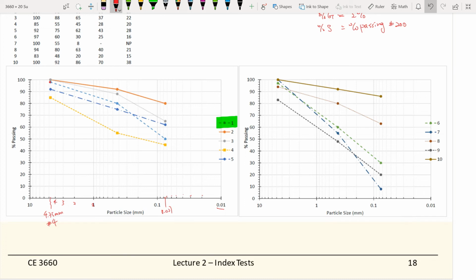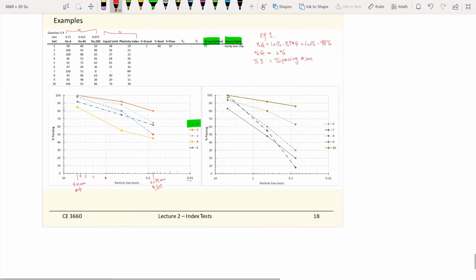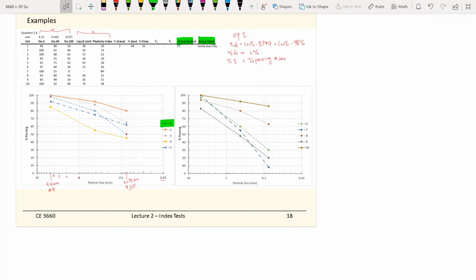Sorry, 0.075 millimeters is here. So this is the number 200 sieve, which is this data point here, which is exactly 50. So percent passing number 200 is 50.